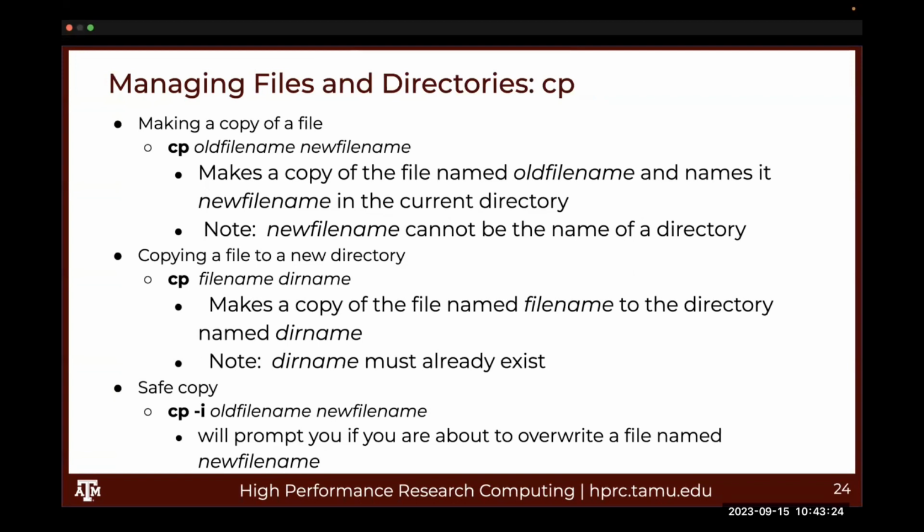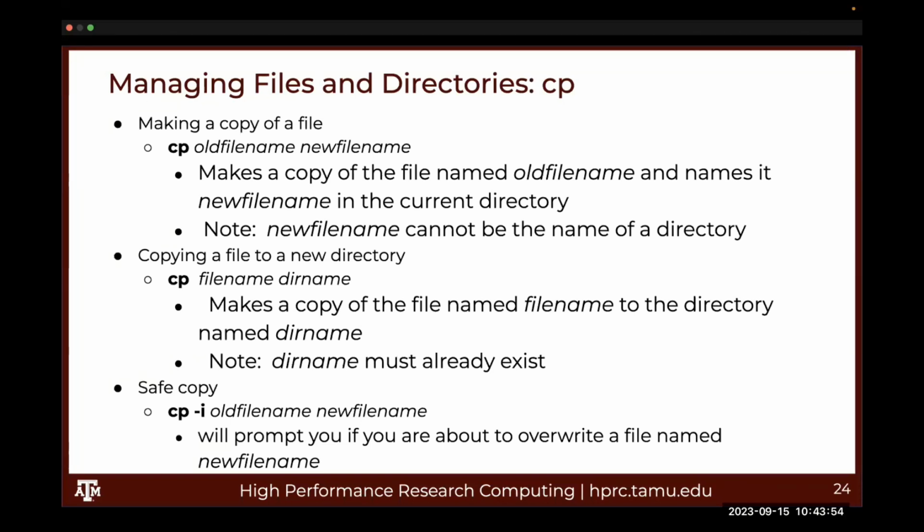Whenever you're doing a copy, you cannot have a file that already has the name you're trying to copy to, so in that case you'd have to rename as you're copying to a different file name. You can copy a file into a directory by just specifying the file you want, and then the directory, and it'll copy it straight in there with the same name as the original source.